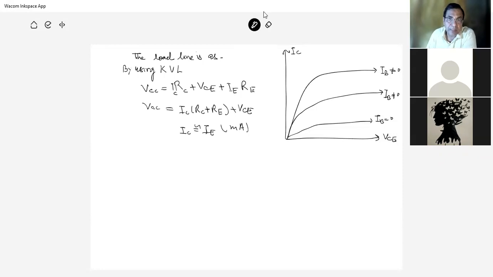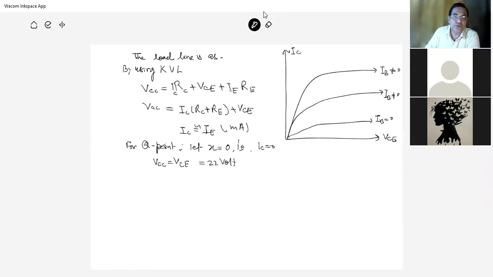So for Q point, let X be equal to 0, that is IC is equal to 0, VCC is equal to VCE, that is 22 volt.